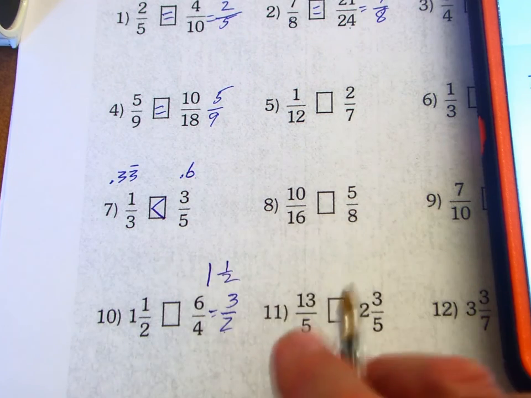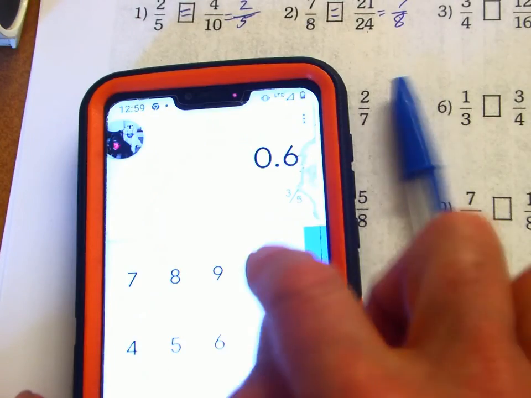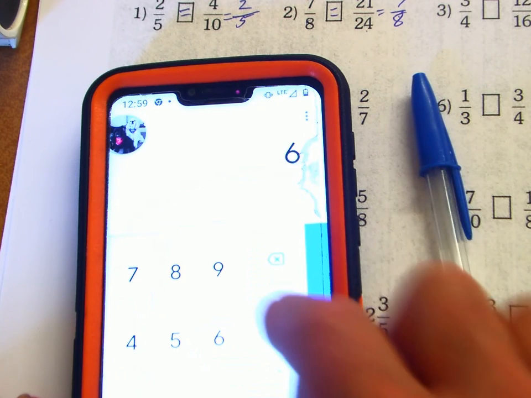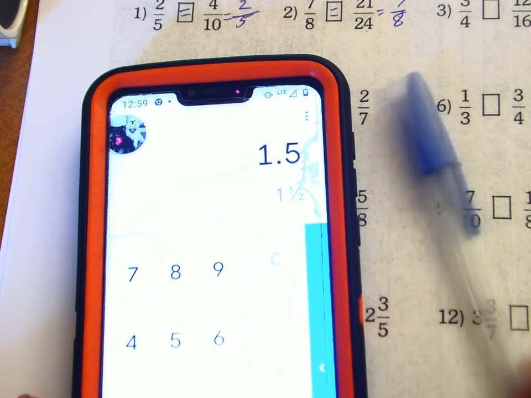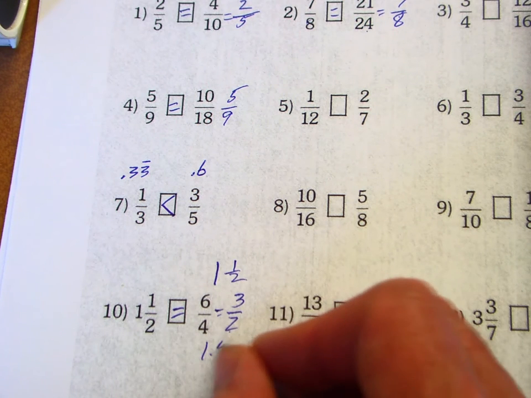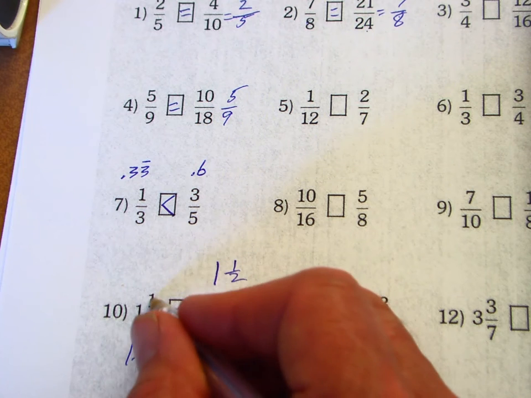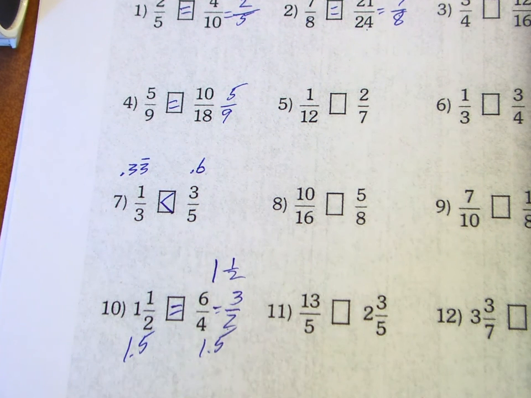We could have done this too. They're equal, aren't they? We could have done clear 6 divided by 4 equals 1.5. This is 1.5. And 1 and 1/2 is 1.5. You could divide 1 divided by 2, it would give you 0.5.